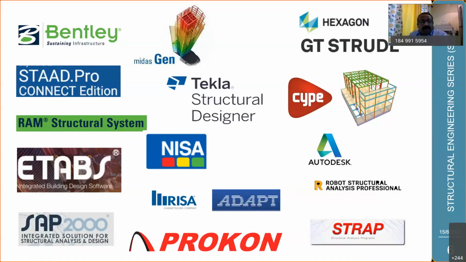So nowadays, when you see there are various software tools available, and we're all practicing on a day-to-day basis the different tools, starting from Bentley, the STAAD, the CSI, TAPS, NISA, the Trimble Tekla, Tekla Structural Designer, Procon, Reza, Strap, and different products like SIPE and the Autodesk product like Robot.